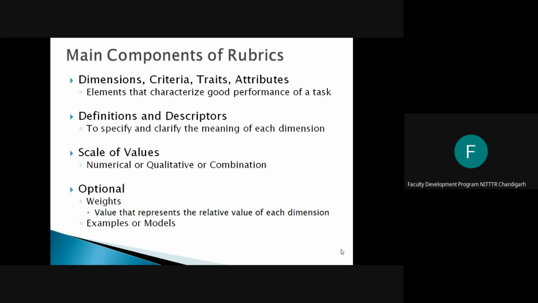Let us take one example so that you are clear what the criteria or dimension is. For every subject area, you can have certain dimensions on which you will be assessing the student. For example, let us take the subject of English and communication skill.